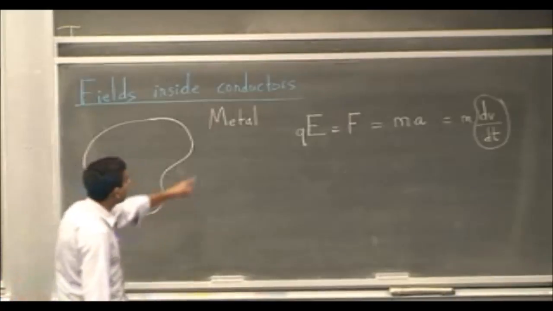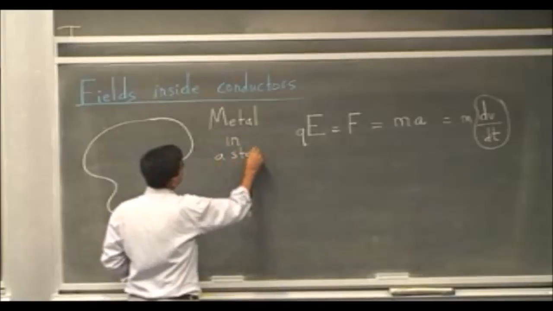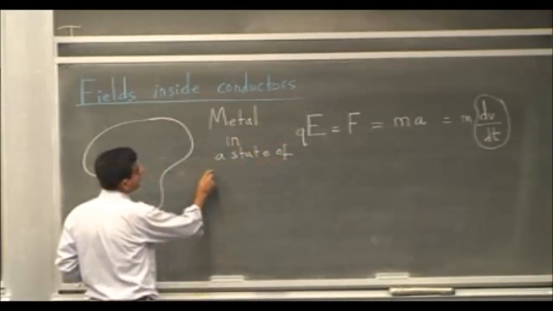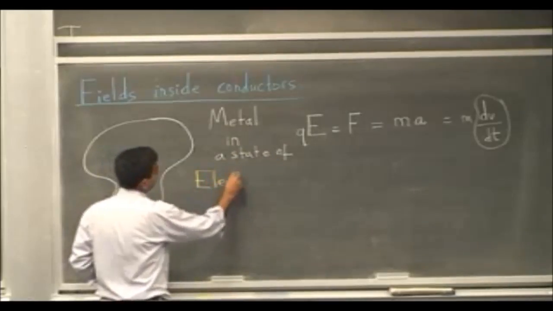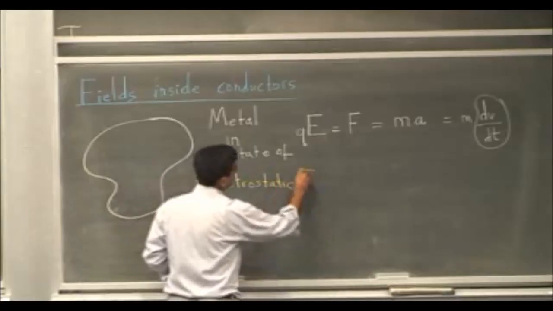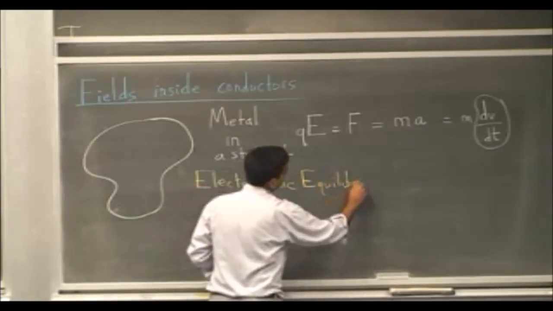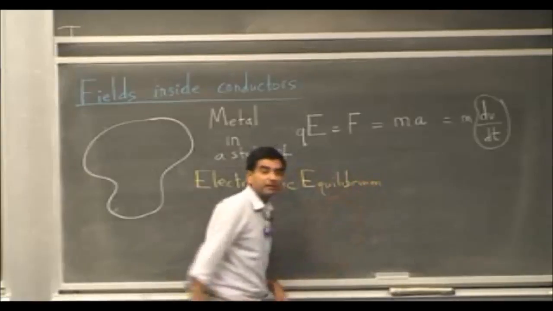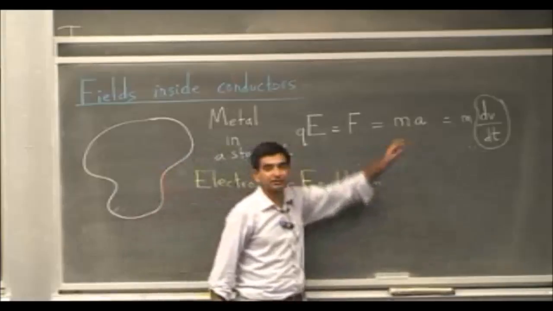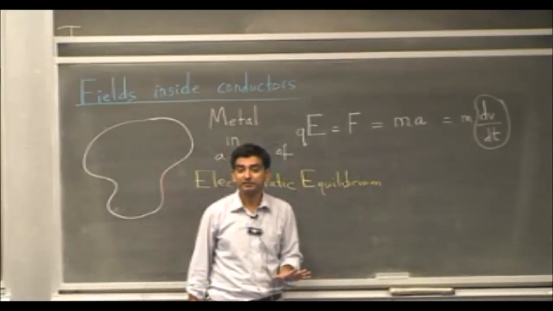So if you have a metal in a state of electrostatic equilibrium, then what does it imply? It means there's no acceleration of the charges, which are free to move anyway.